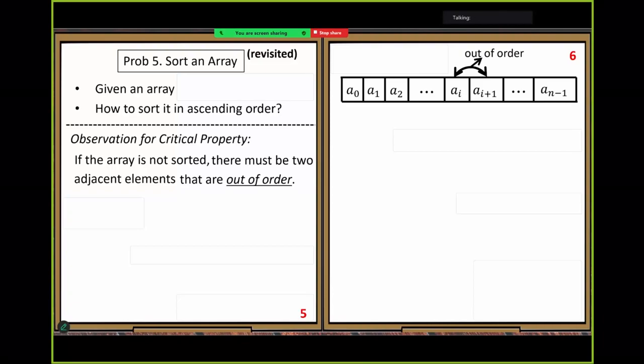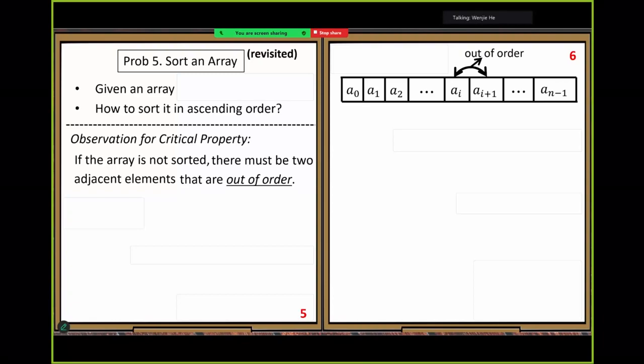Let me show you how to see this fact. This statement is correct, but why is it correct?